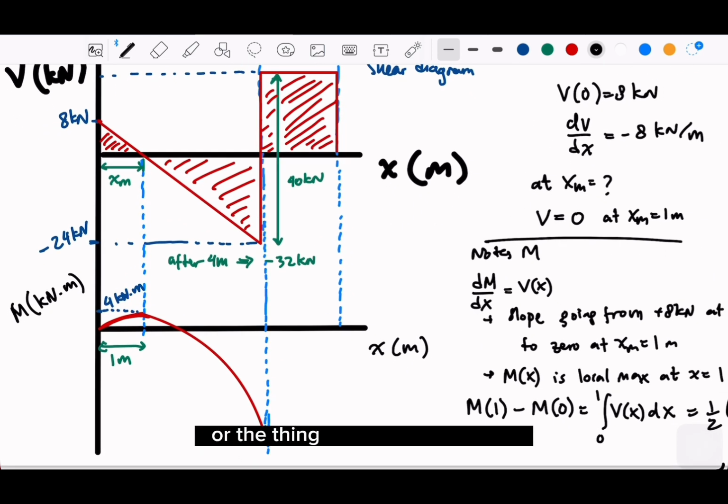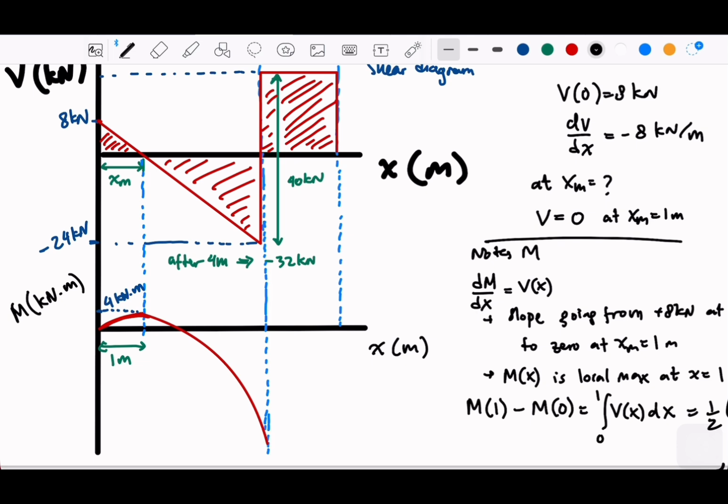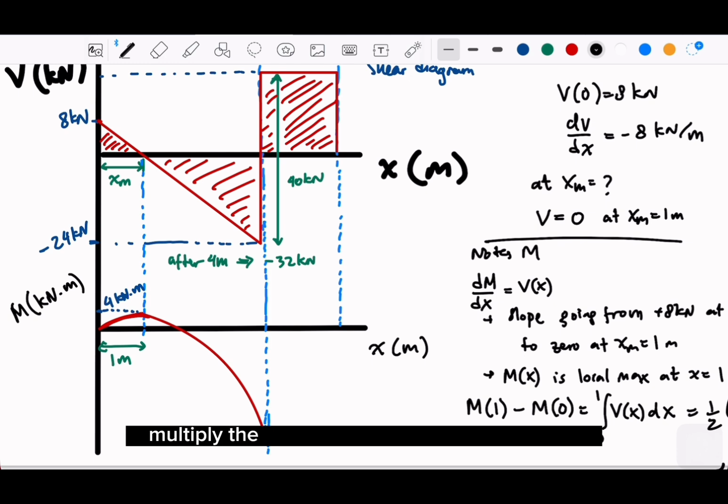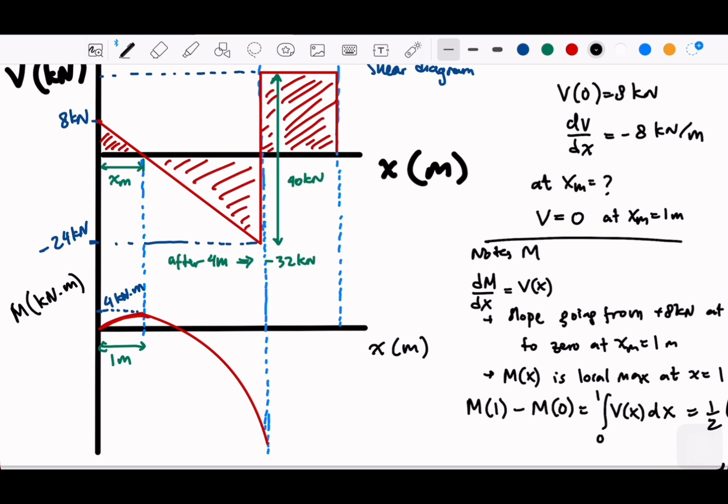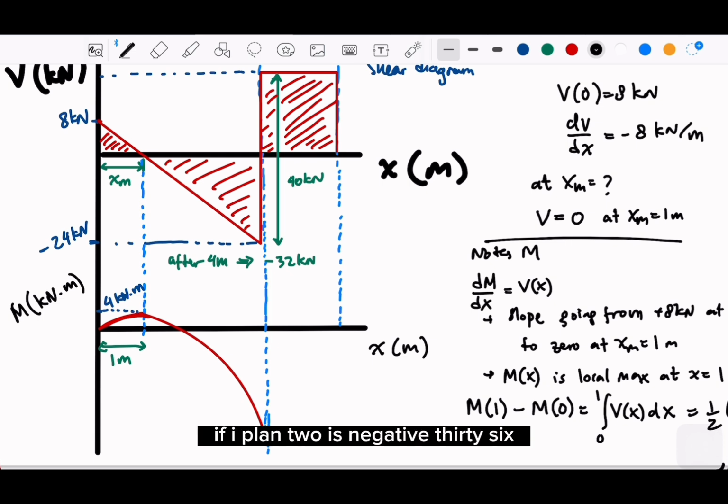Or you think this is 4, and then this other one here is negative 24. Multiply the distance from this to here, which is 3, right? We multiply, this is 72 divided by 2 is negative 36. So this part, the area is negative 36. So this one here should be negative 36, right? But we have 4 here, so negative 36 plus 4. So this here will be negative 32.